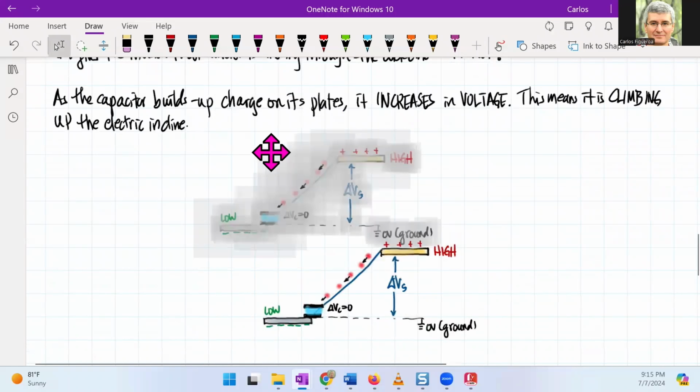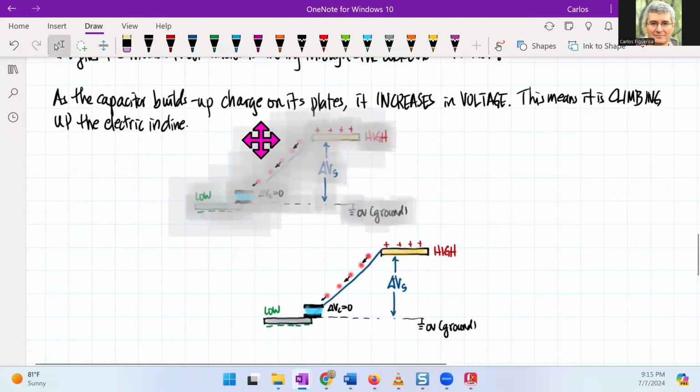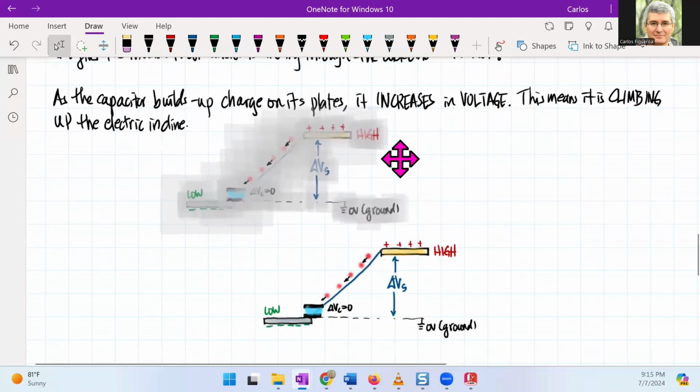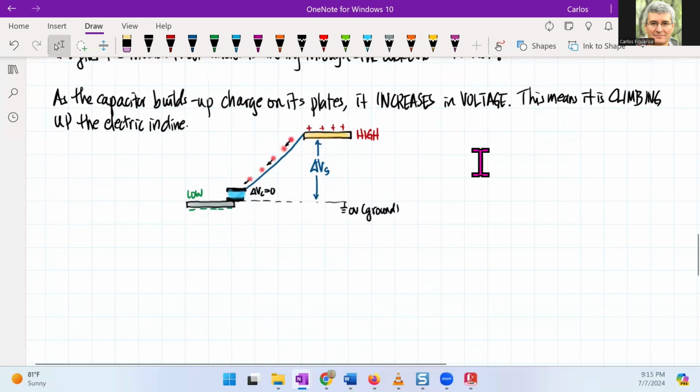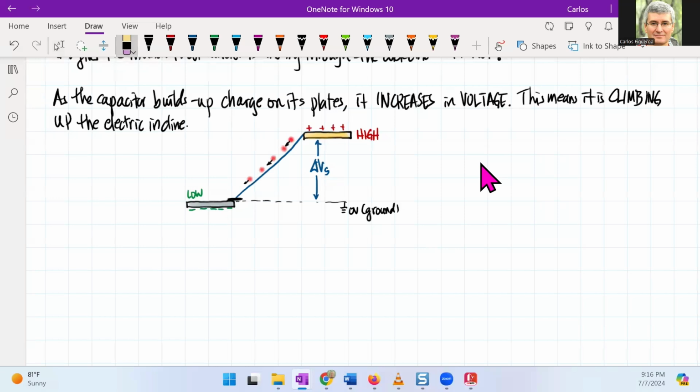So now what I'm seeing here is that I have to change the capacitor here. So what I'm going to do is that now I'm going to erase this, and I'm going to come in here and move this capacitor. So where I'm going to move it is right here.